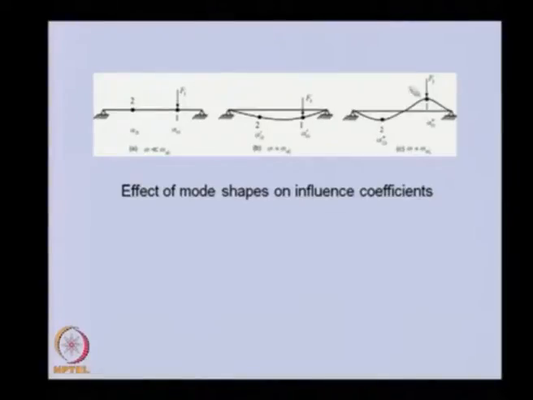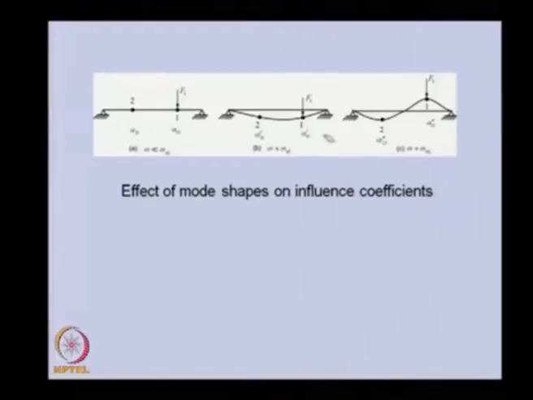Now you can see there is a node here where the displacement will be 0, and if we apply the same amount of force here that we applied there, the deformation will be entirely different. Because of this, the influence coefficient of the shaft for this particular mode or speed will be different compared to the other.